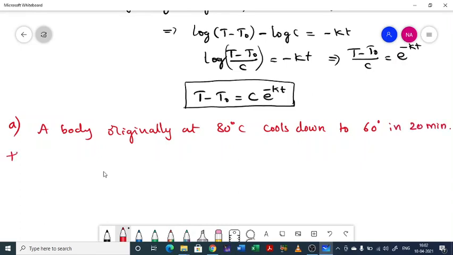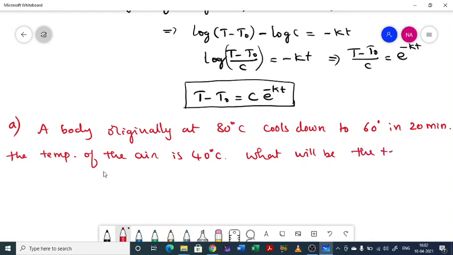The temperature of the air, that is the medium here, is 40 degrees Celsius. What will be the temperature of the body after 40 minutes from the original? So this is the problem statement.